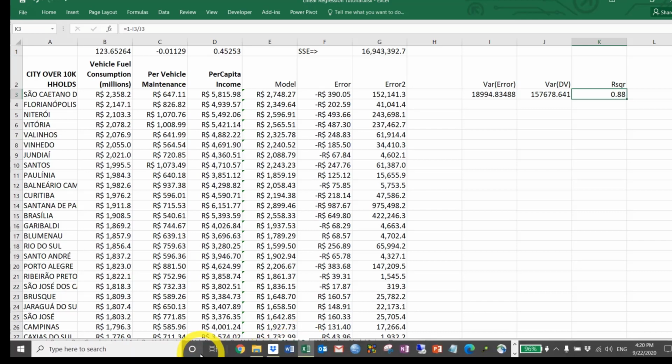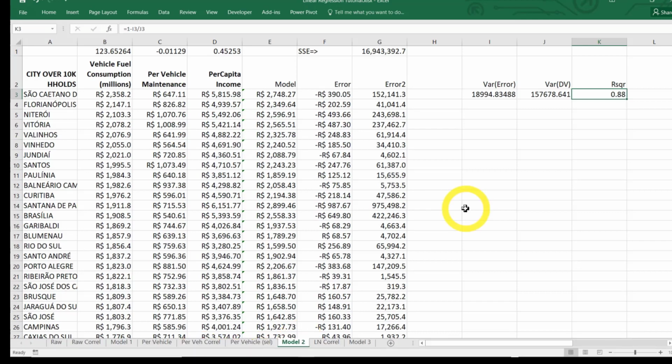Another solution for multicollinearity is to use a stepwise linear regression. Stepwise linear regression does this selection of predictors automatically. First, it looks for the very first predictor that would best explain the dependent variable.